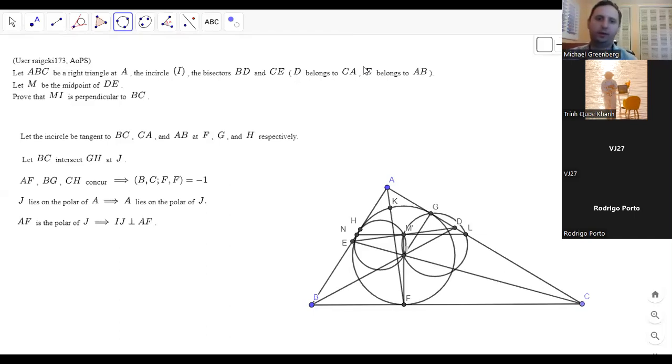So basically, BE times BA is BI squared. Going back to what I said before, that would give us angle BEI is angle AIB, which we can calculate.